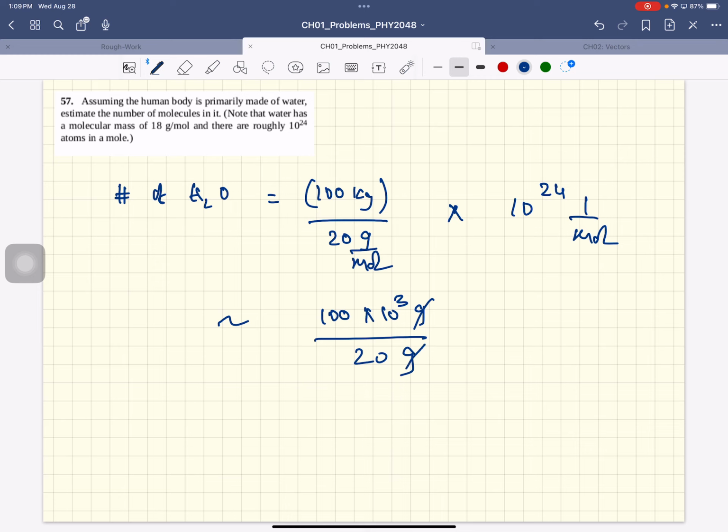So the gram cancels and the mole cancels into 10 to the 24. So what did we get? This is 5 times 10 to the 27. So in your body, you have about 5,000 trillion water molecules. Very cool.